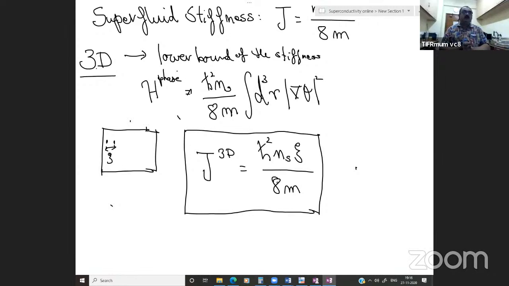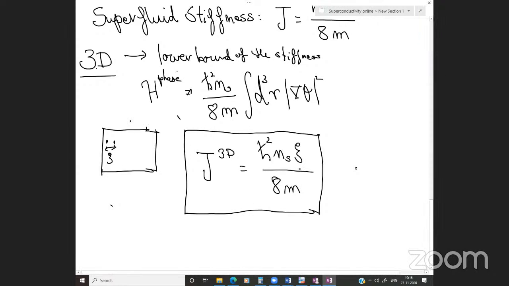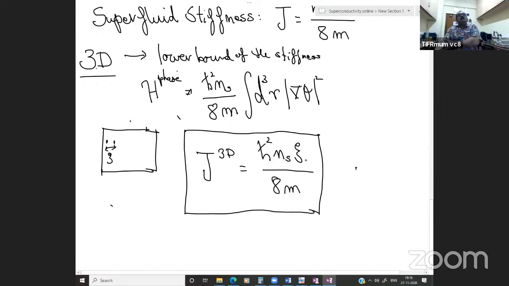So this is the characteristic small length scale cutoff. Now, I can of course excite phase fluctuations at larger length scales, but larger length scale fluctuations will give me a larger value of J3D, and that will not help me in getting the lower bound of the stiffness.